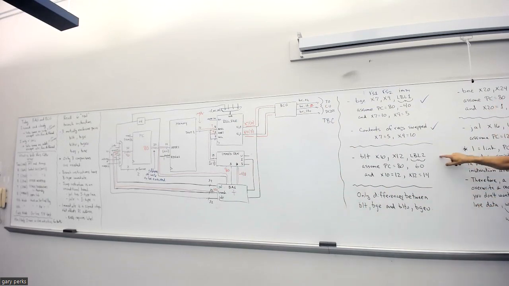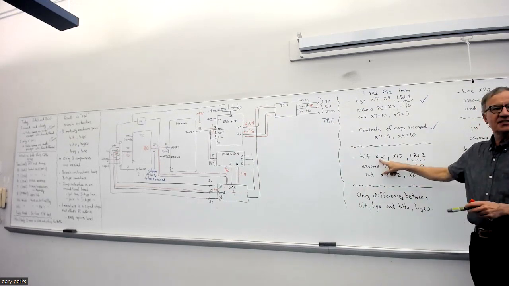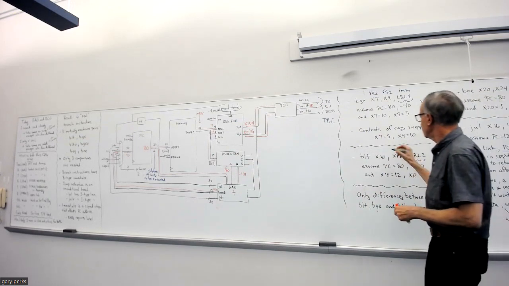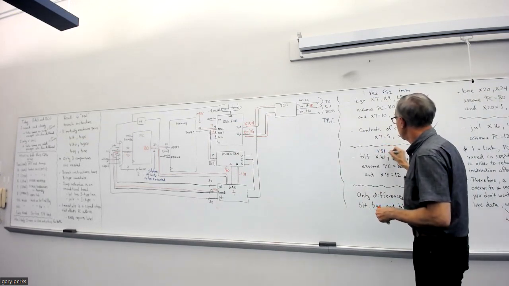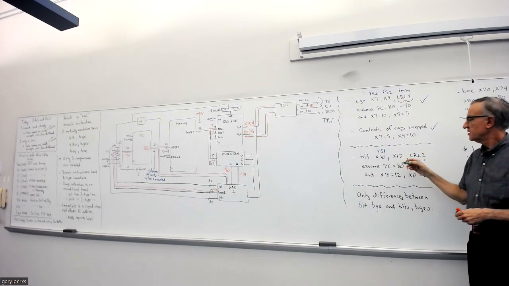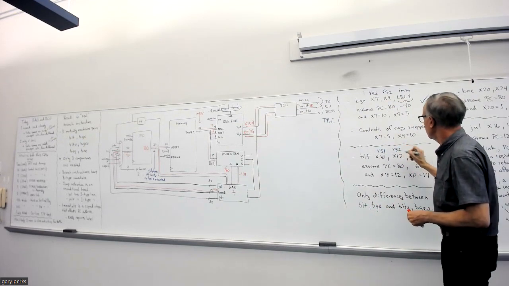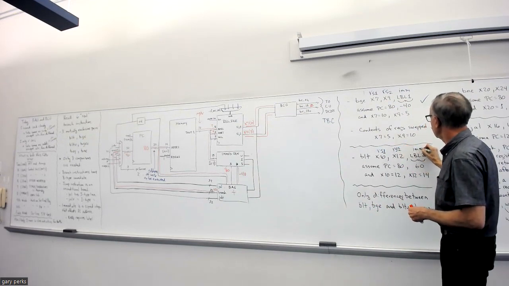Okay, so now let's look at this instruction. What is this instruction? Branch if less than. What's this? Source one. What's this? Source two. And then we have our immediate.